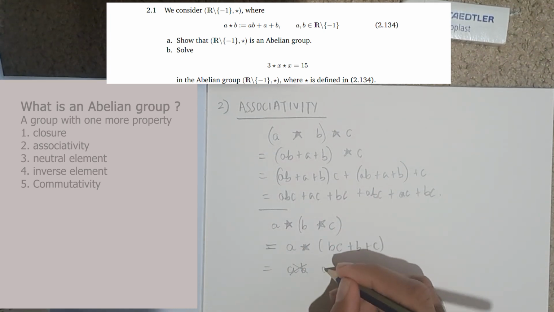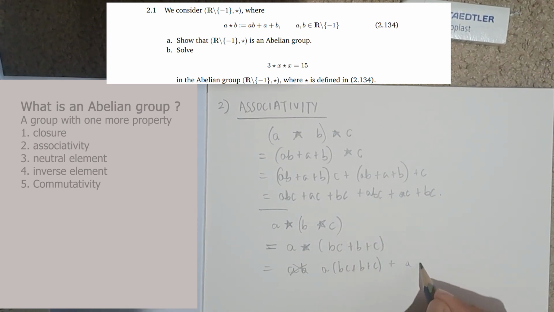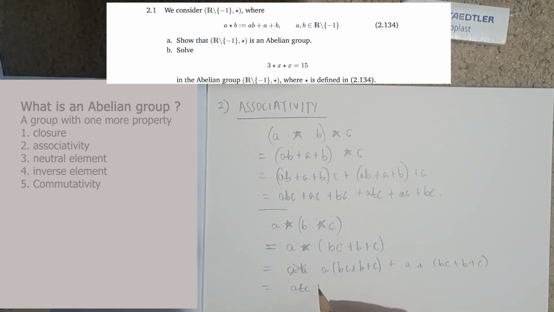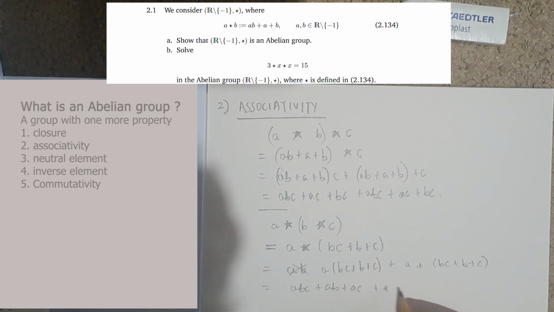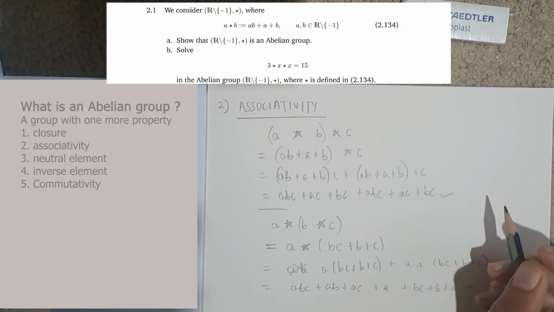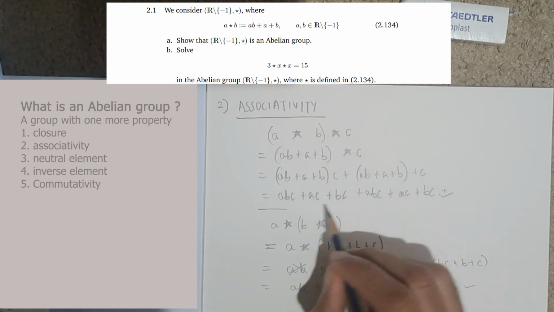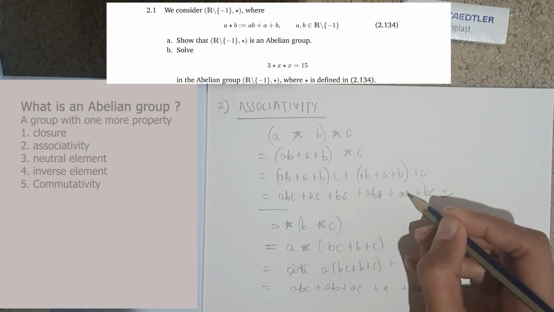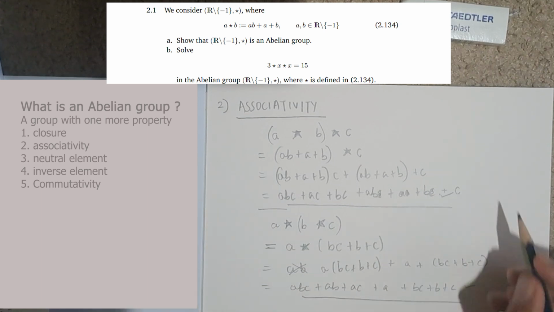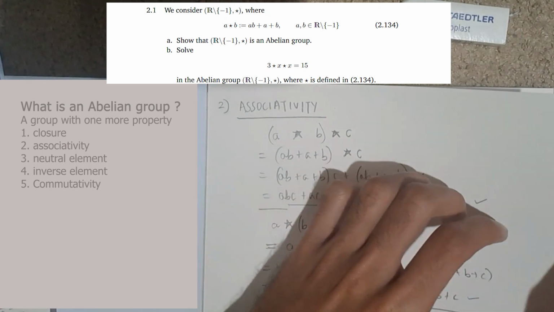So if we now do this, this should be ABC plus B plus C plus A plus BC plus B plus C. It needs to be ABC plus AB plus AC plus A plus B plus C. If you collect and compare these terms, actually this is not quite complete, I just realized. My bad. Yes, if you now compare and collect these terms, you'll find that these are actually equal, meaning that our operation is also associative. That is good.